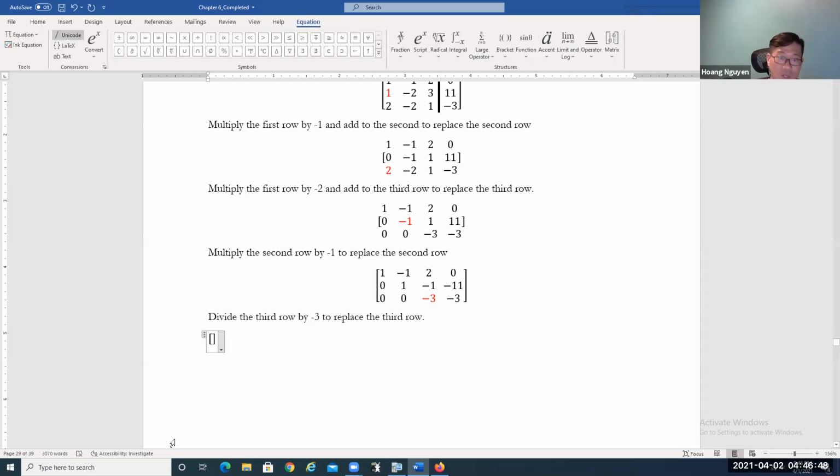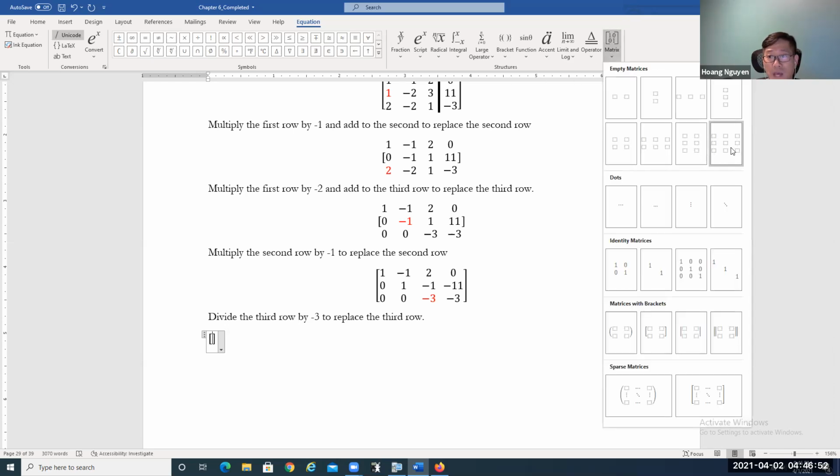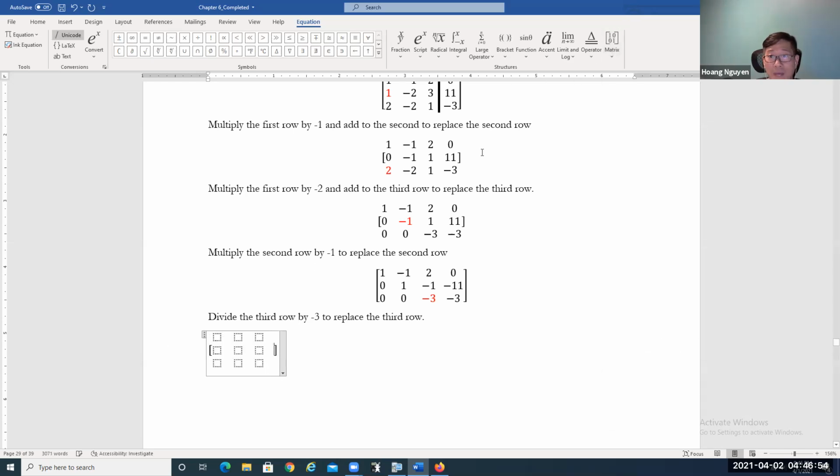Okay, so I only modify the third row. On the other rows, I will copy and paste. Make sure I copy it right: 1, -1, 2, 0. And this is 0, 1, -1, and -11.